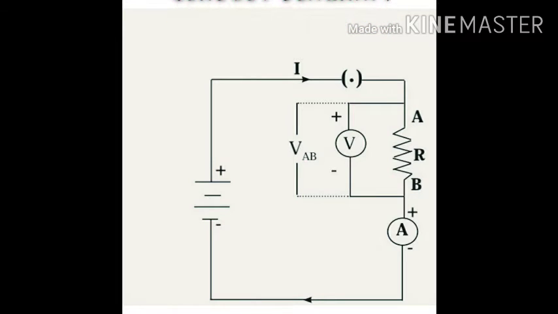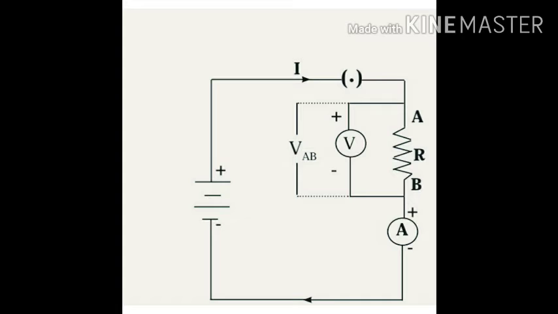If a charge Q flows from A to B, work VABQ has been done on Q while going from A to B. From where does the energy come to do this work? The source of energy is the cell. The cell gives this energy through the charge Q to the resistance where work VABQ is performed.